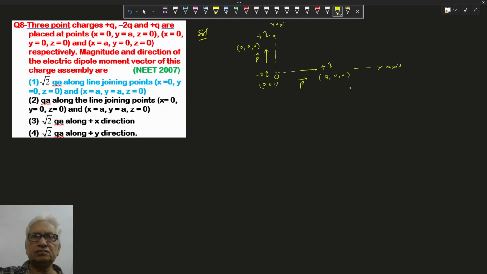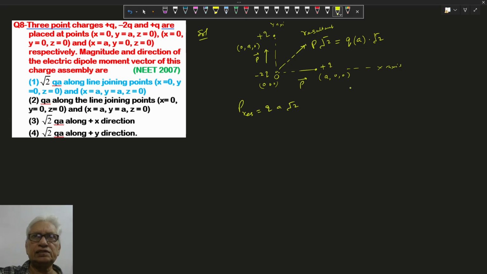This is the dipole moment, one dipole, and another dipole is like this. If we find the resultant of these two dipoles, it will be p root 2. Or p is what? Charge multiplied by the separation distance. So this is the resultant, p equals q into a into root 2, along i plus j.